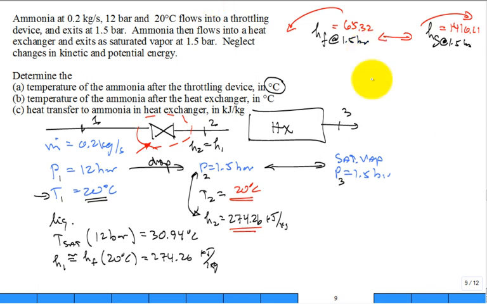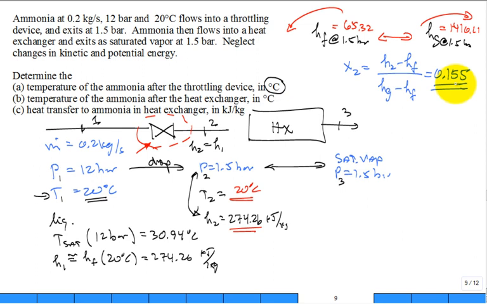Can I calculate the quality at state 2? Well, that's the actual H at 2 minus H of F at the pressure of 2 divided by H of G minus H of F. I calculate the quality at 2. We find that the quality at 2 is 0.155. What does that number mean?